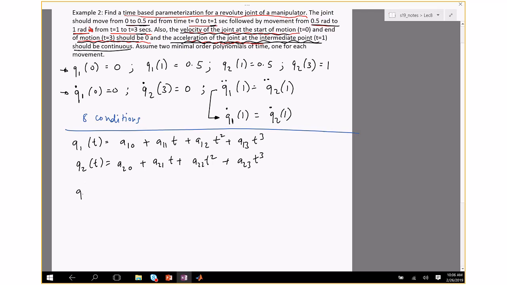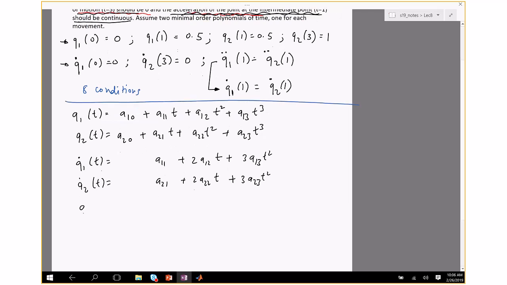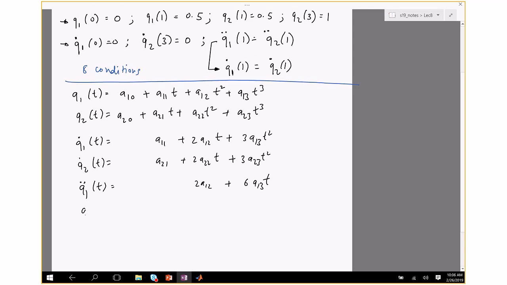So q1 dot is a11 plus 2 a12 t plus 3 a13 t square. q2 dot is a21 plus 2 a22 t plus 3 a23 t square. q1 double dot is 2 a12 plus 6 a13 t. q2 double dot is equal to 2 a22 plus 6 a23 t.